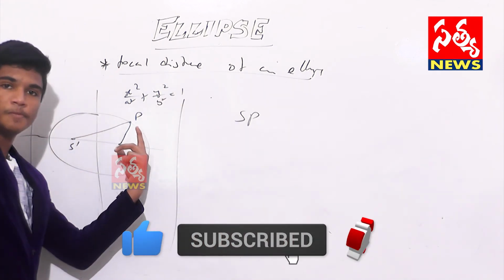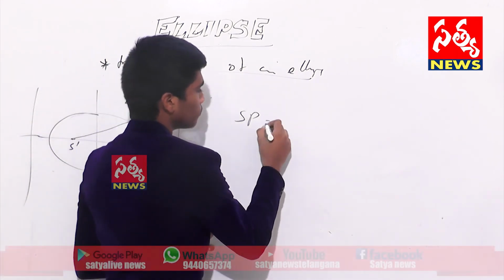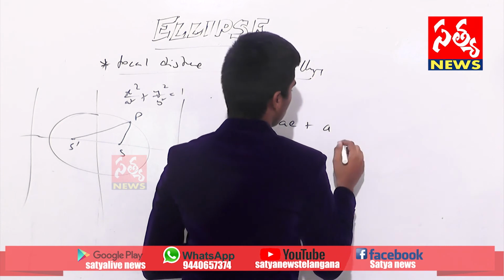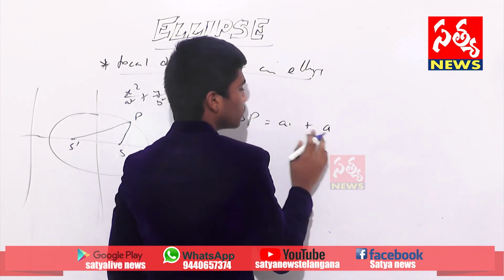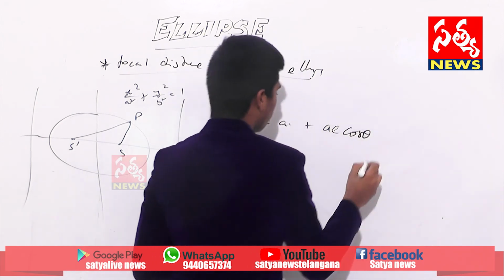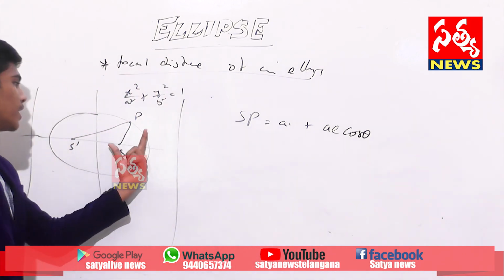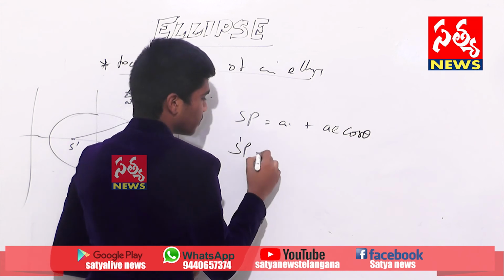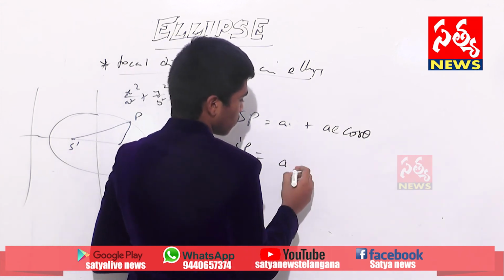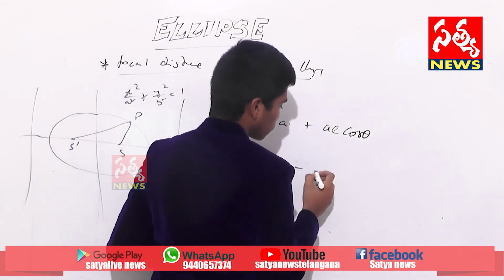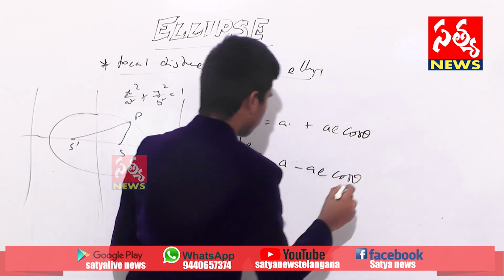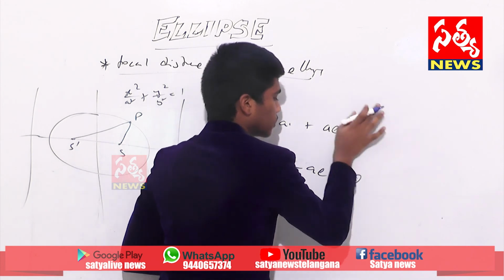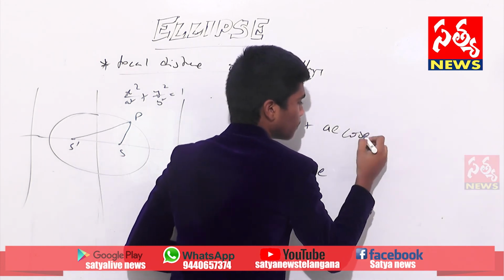Now SP will become a plus ae cos theta. This is the expression for SP, and now S dash P is a minus ae cos theta. Sorry, it is not cos theta, it is cosecant theta, sorry.